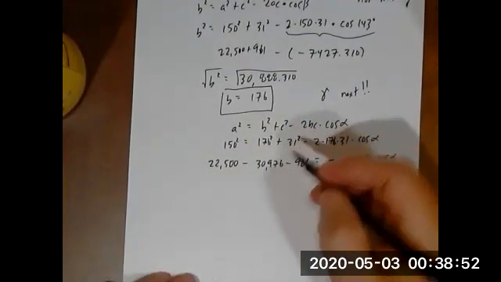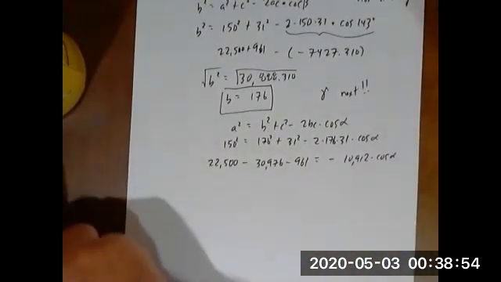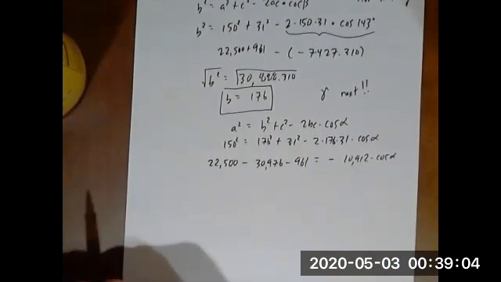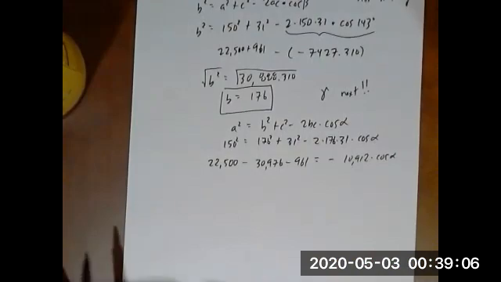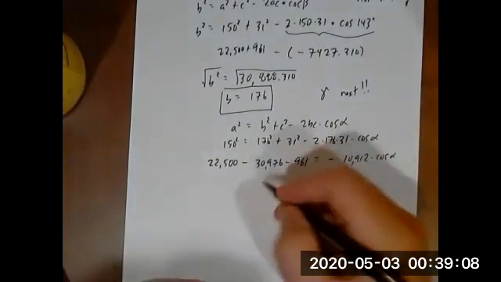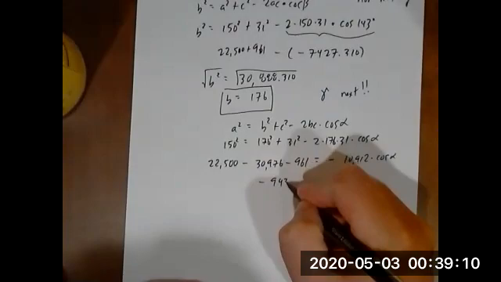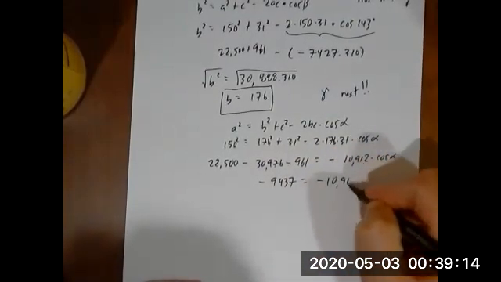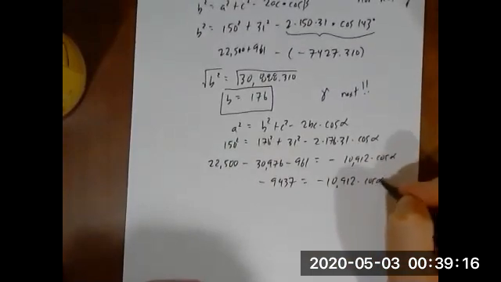Let's combine these. So 22,500 minus 30,976 minus 961, negative 9,437 equals negative 10,912 times cosine of alpha.